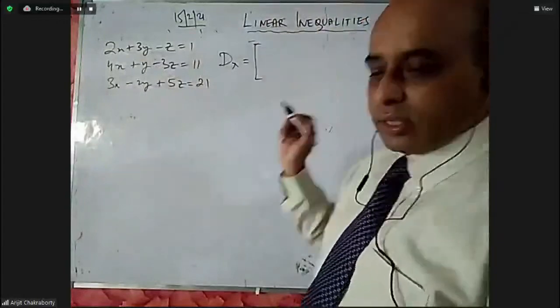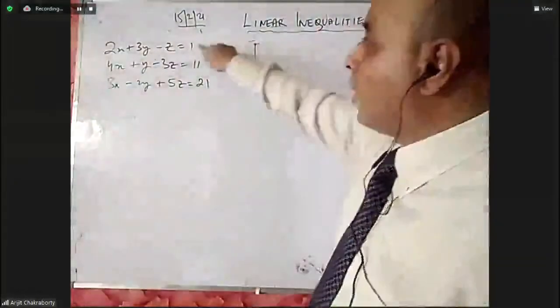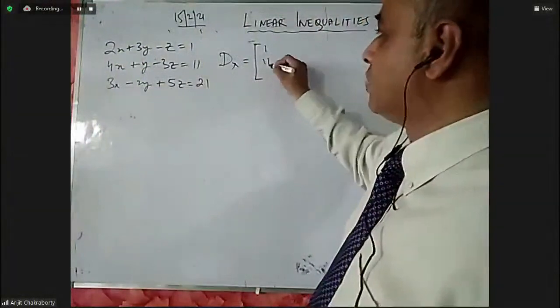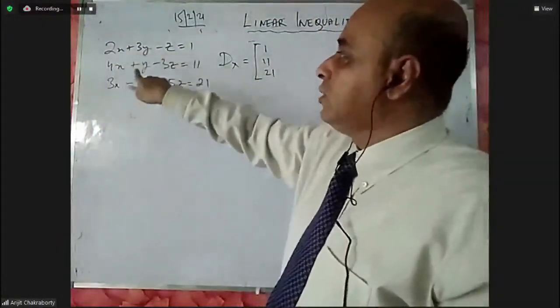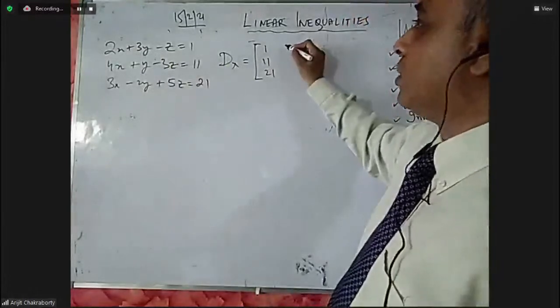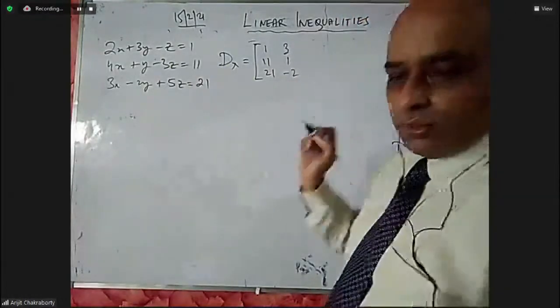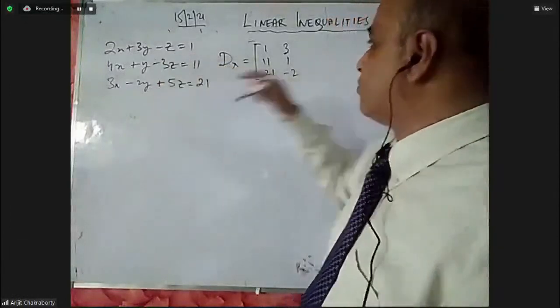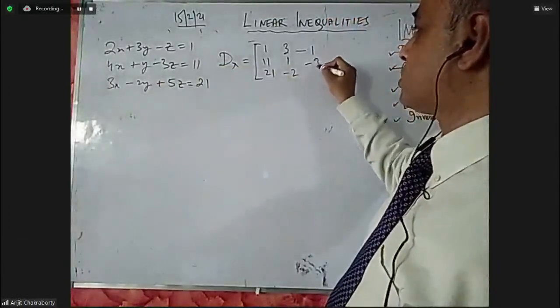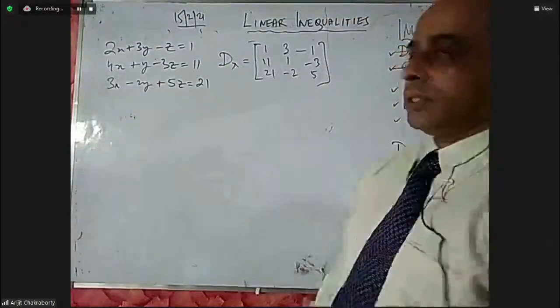So this determinant dx will be 1, 11, 21, and the same will be there. So 3, 1, and minus 2, and the coefficient of z, minus 1, minus 3, and 5. Right?